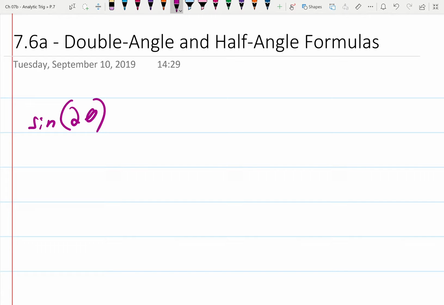The sine 2 theta identity pops up frequently. You can derive it by saying that the sine of 2 theta is equal to the sine of theta plus theta. Now we're going to use the sum identity that we've already used, a clever way to do it.